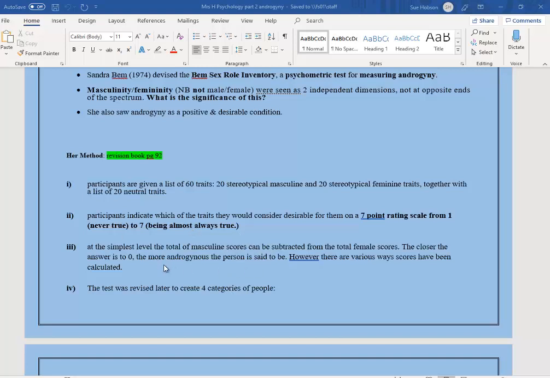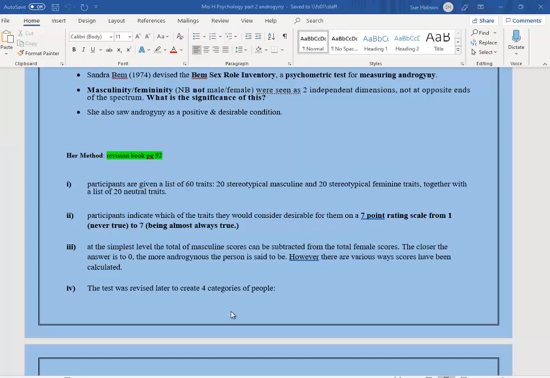There are various different ways to measure this and to score it, but at its simplest level, the total of the masculine was taken away from the total feminine scores, and the closer to 0 you were, the more androgynous. But be warned, there are various different ways of measuring and different people comment on that.